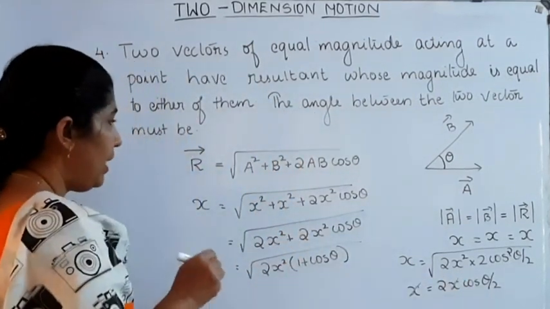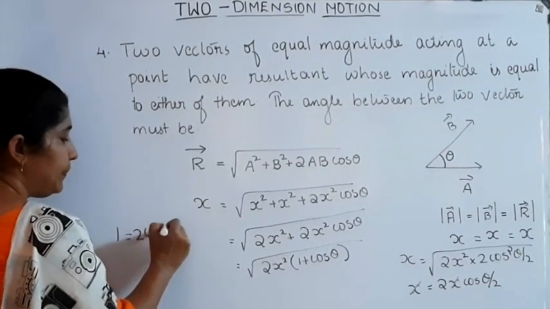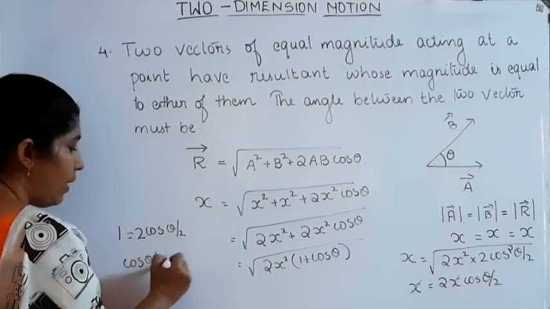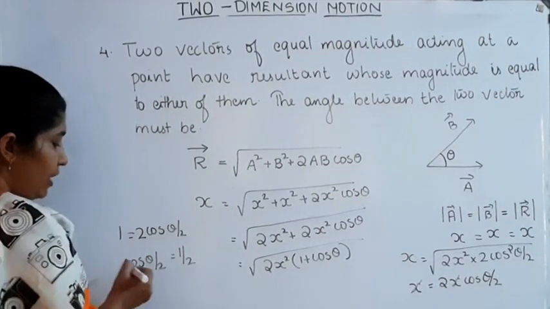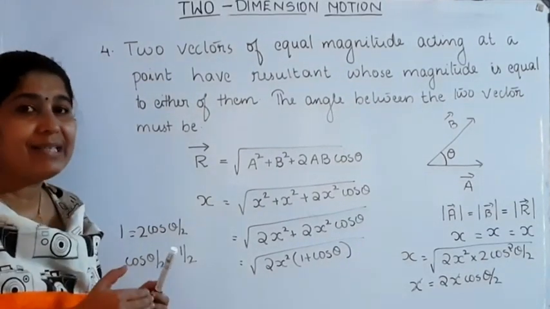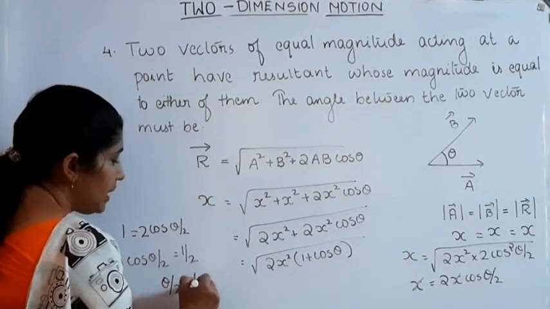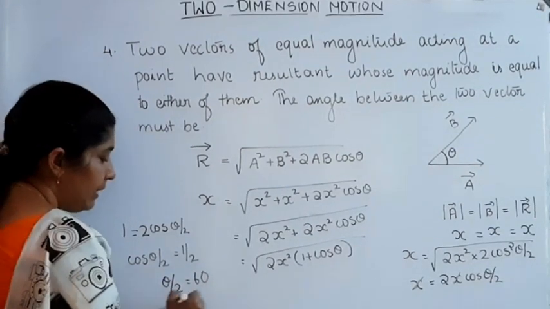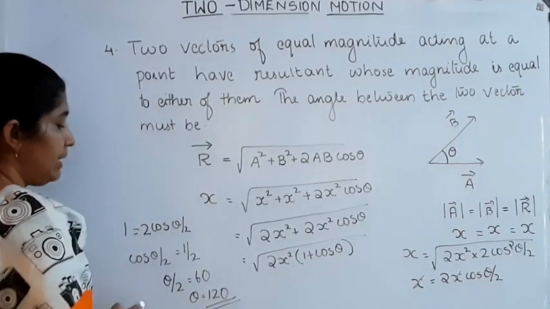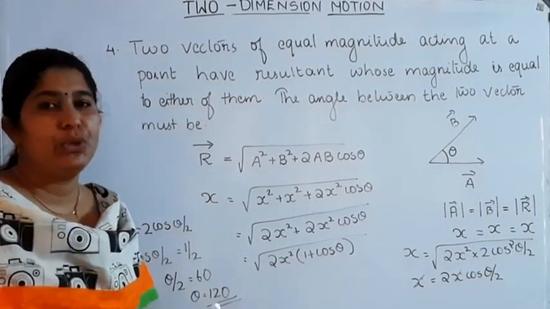Then 1 is equal to 2 cos theta by 2. Then cos theta by 2 can be written as 1 by 2. Then which value of theta has cos theta equal to 1 by 2? Cos 60. We know that cos 60 is equal to 1 by 2. So theta by 2 is equal to 60. Then theta is equal to 120. The angle between vector A and vector B is equal to 120 degrees.